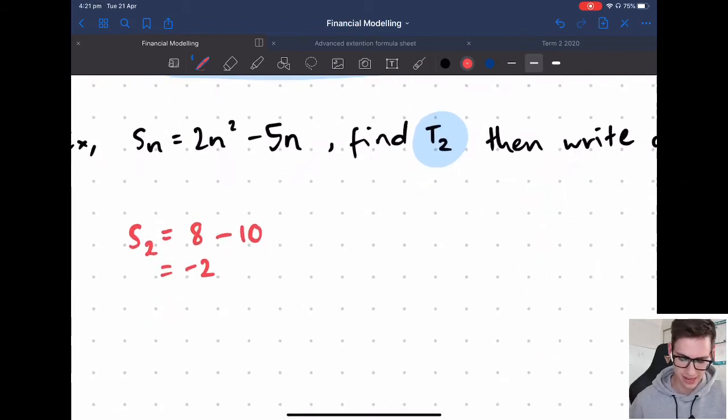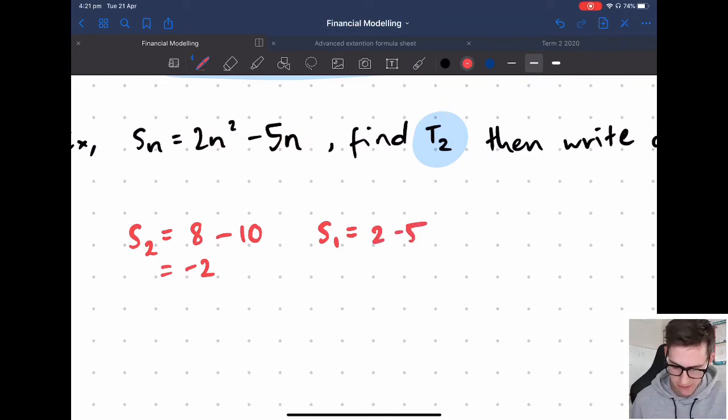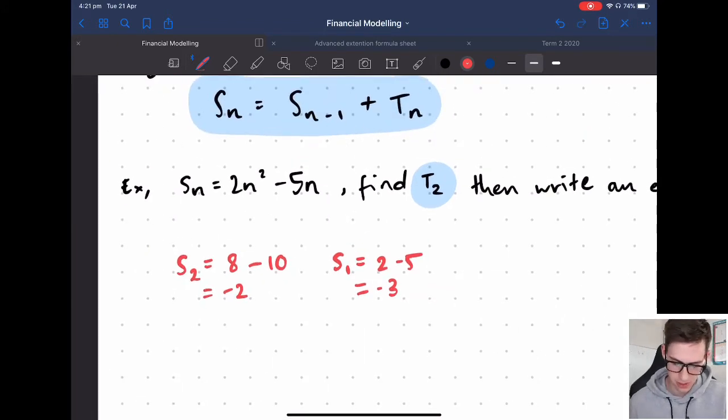So if I've got the second sum, then the first sum would just be popping in, again, wherever there's an n, a 1. So I should get 2 minus 5, which is -3. Now, using this recursive formula, I can say that the second sum equals the first sum plus the second term.